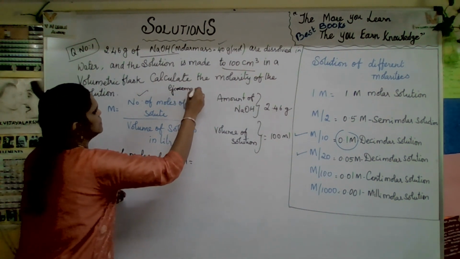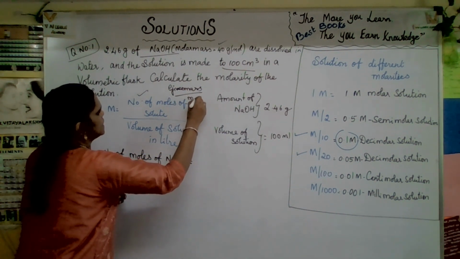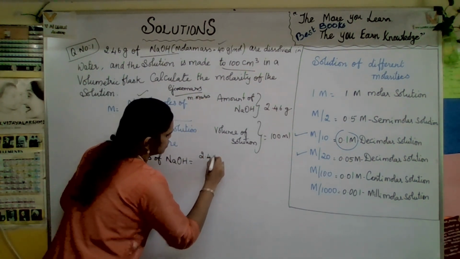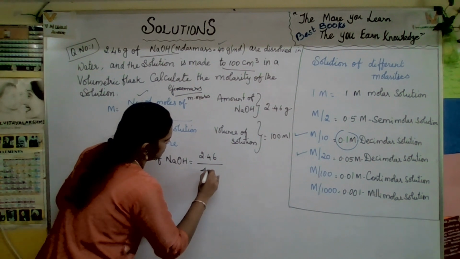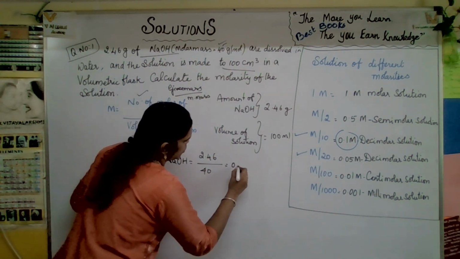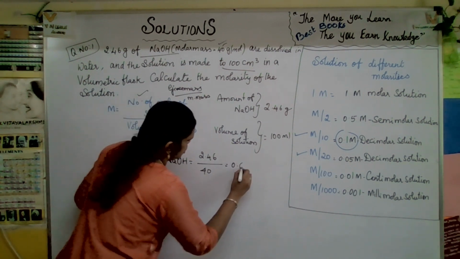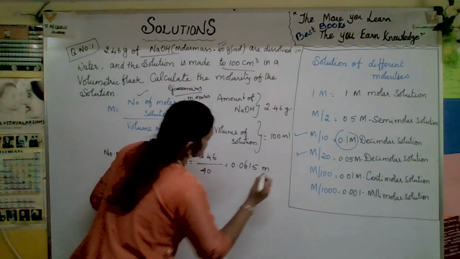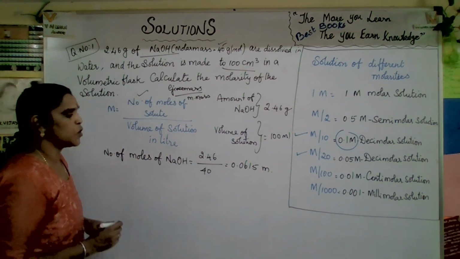So given mass 2.46 divided by molecular mass 40, you will get 0.0615 moles.